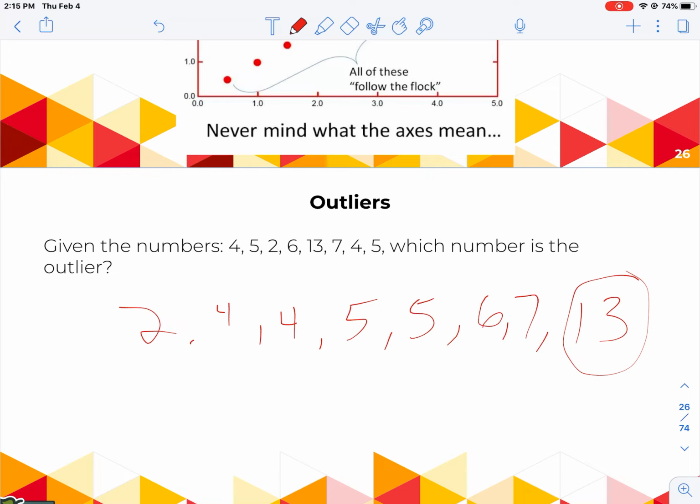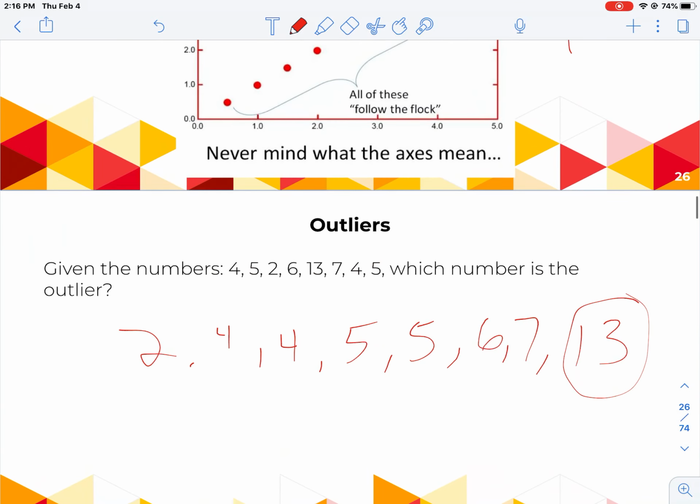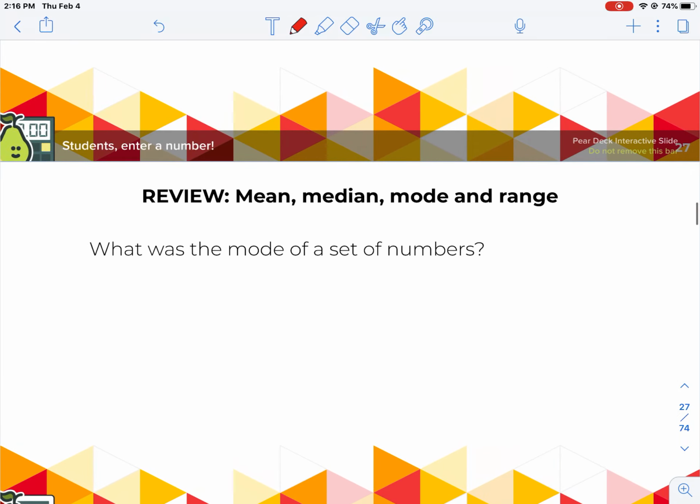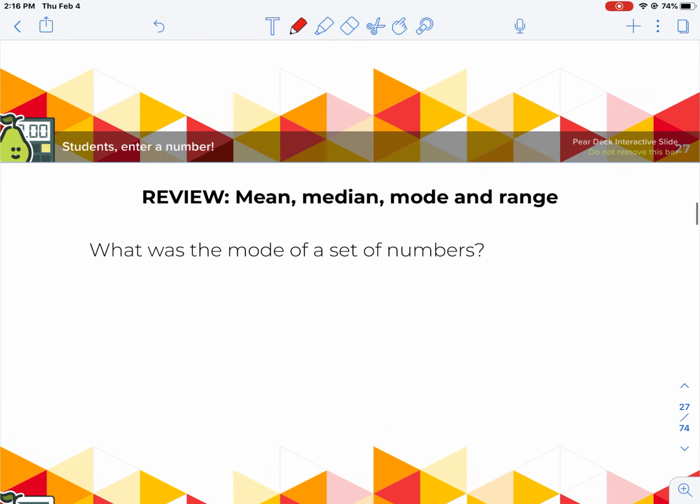It's not too far away from the other values, but it's far enough away. It's 6 away from the closest value, and all the other ones are in the same range. In some cases you could debate whether something's an outlier or not, but I would say this is it.